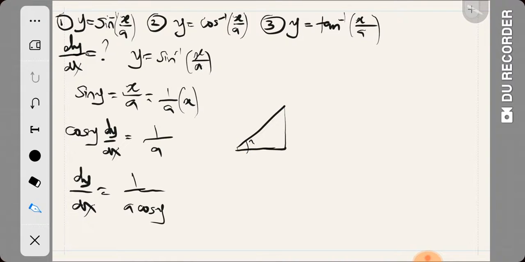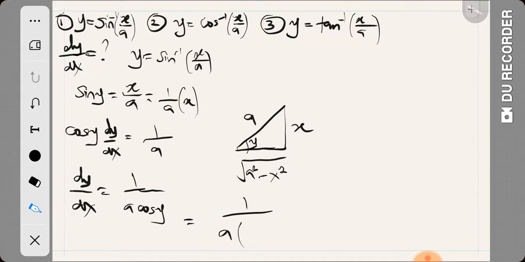This angle here is y. Since it is sine, it is opposite over hypotenuse, so the opposite is x and the hypotenuse is a. We can calculate the third side using Pythagoras' theorem, which gives the square root of a squared minus x squared. Then we can rewrite the whole of this as 1 over a.